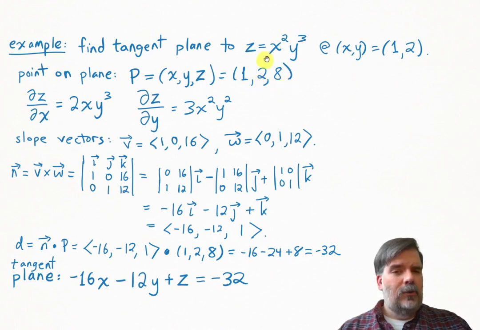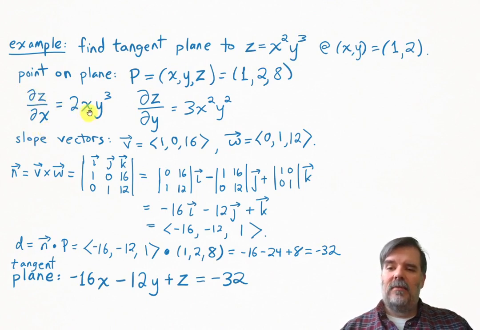And, not sure if you remember, but we're actually reusing the same function as we did in the previous video, and so we've already calculated the partial derivatives of this function. The partial derivative of z with respect to x is 2xy cubed. The partial derivative of z with respect to y is 3x squared y squared.